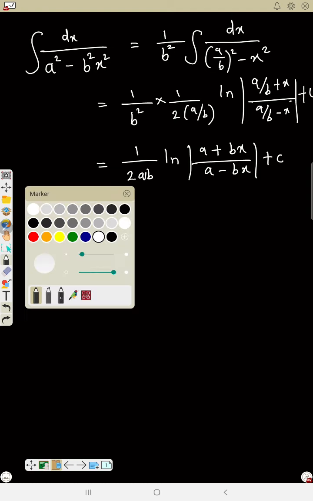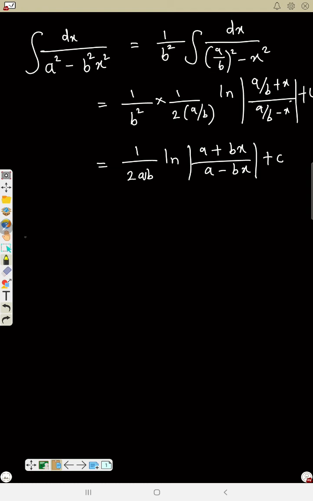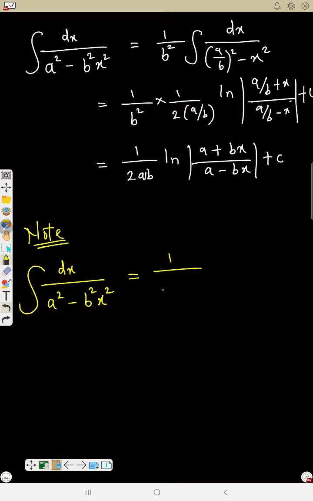That means you should now note, in case of objective exam, the integral of ds divided by a squared minus b squared s squared is equal to 1 over 2ab ln (a plus bs) divided by (a minus bs) plus c.